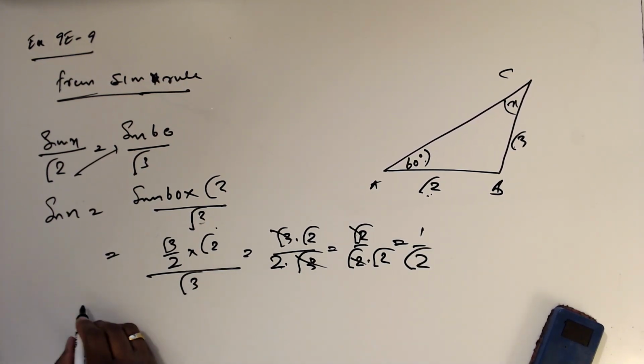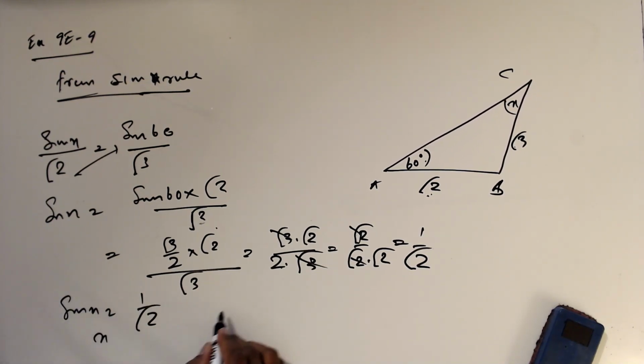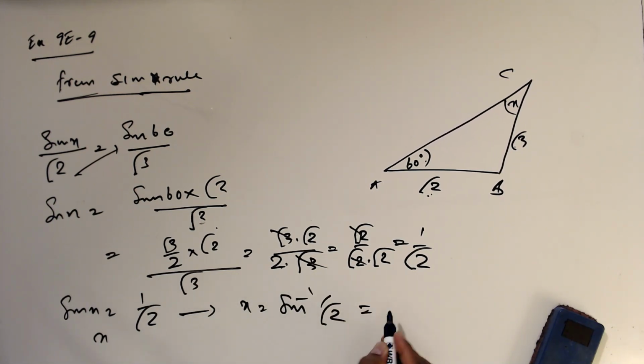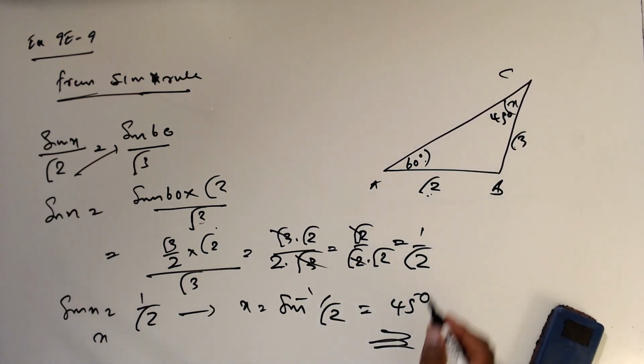So sine x equals 1 over square root 2. Then x equals sine inverse of 1 over square root 2, which is 45. So this is going to be 45.